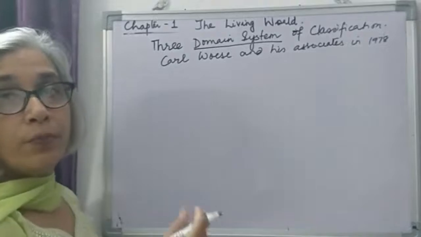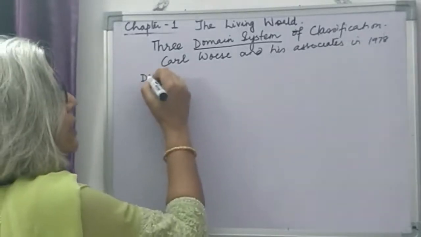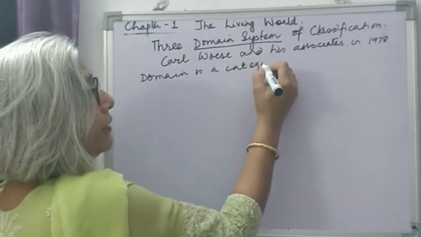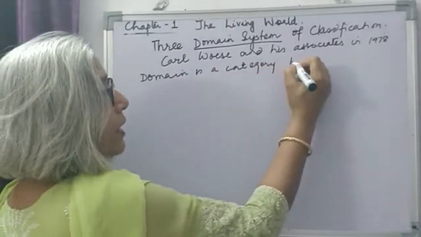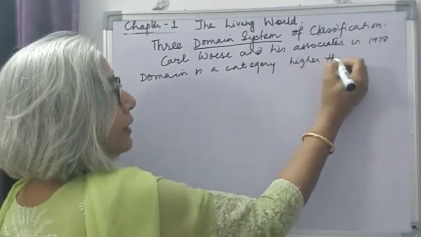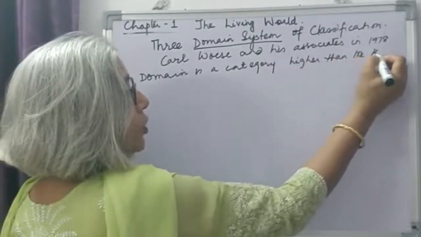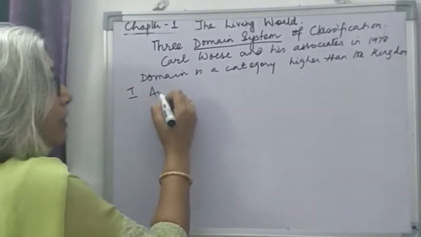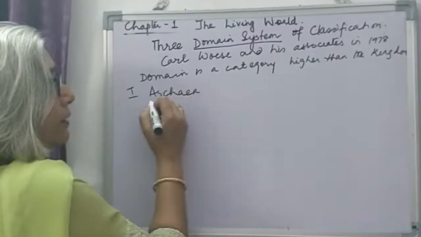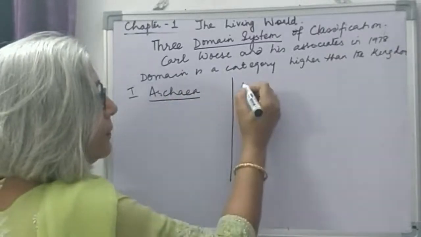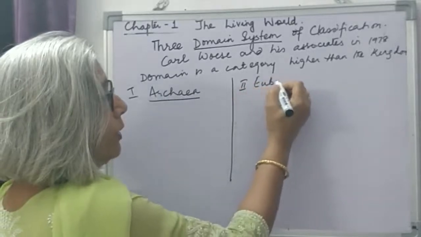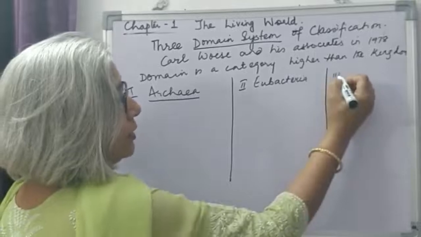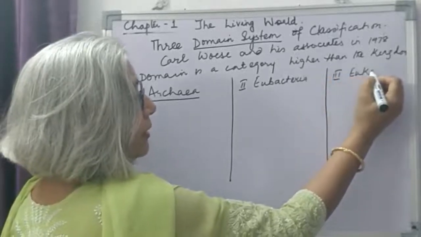So, as I told you, domain is a category that is higher than the kingdom. So these 3 domains are, first is archaea, second is eubacteria, and third domain is eukarya.